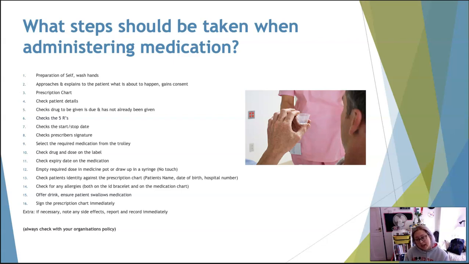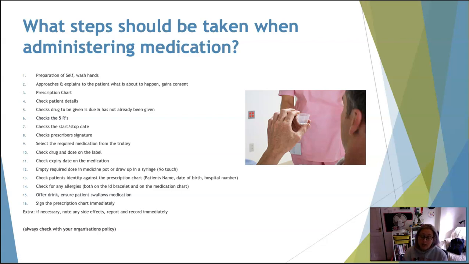We then have to check our 5 R's again, our right patient, right time, right dose, right route, right drug, and then check that they have been prescribed if we're following a Mars chart or a prescription chart, that they have been prescribed properly and that the prescriber has filled all the paperwork in.